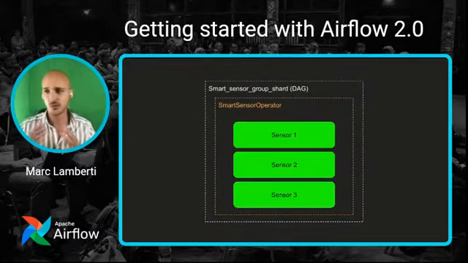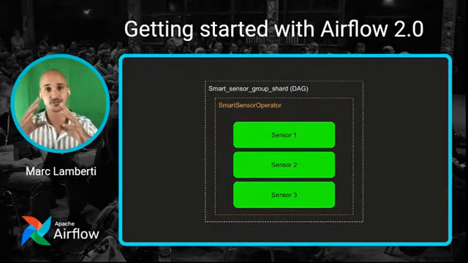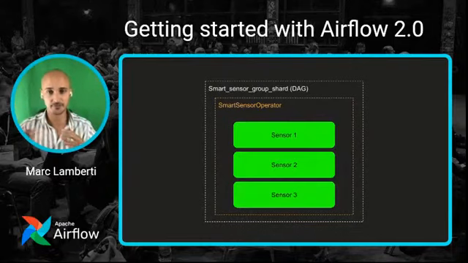You avoid wasting resources that you are paying for, because right now the sensors won't take worker slots indefinitely until they are done. You will just have some smart sensors being executed at a given interval of time, and they avoid duplicates.